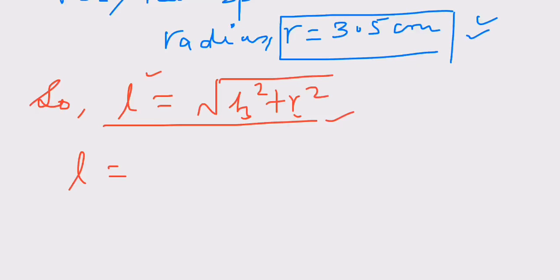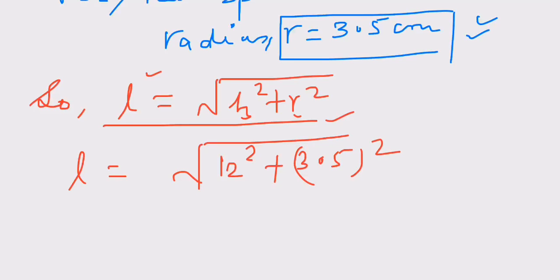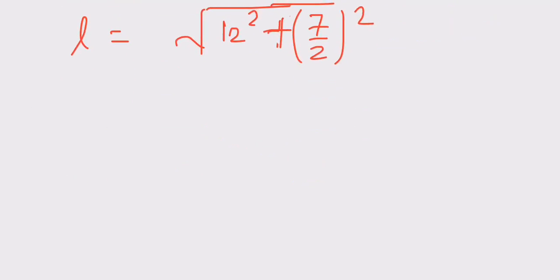Now just substitute the values of h, that is 12 centimeter square, and r is 3.5 centimeter square. This 3.5 can be written as 7 upon 2. It is better to write it as a fraction instead of decimal.